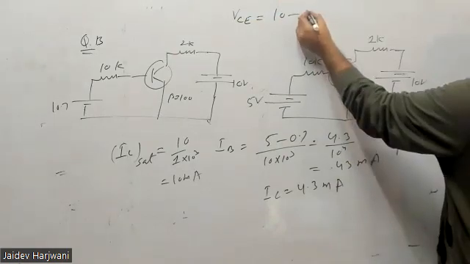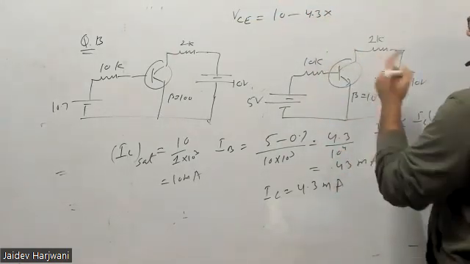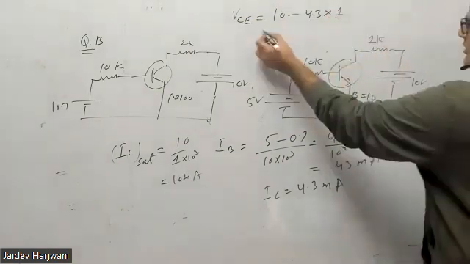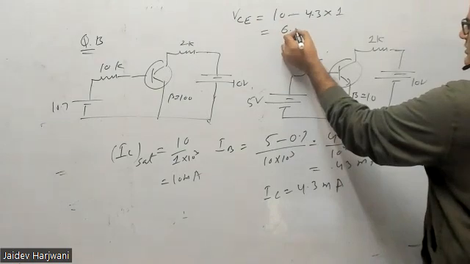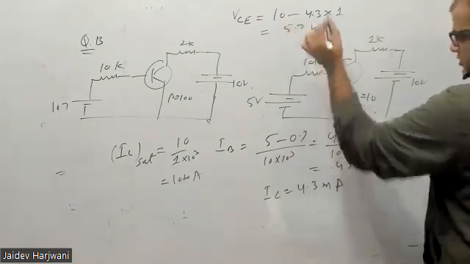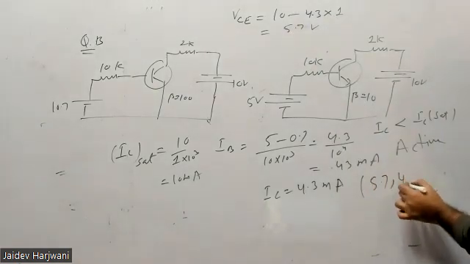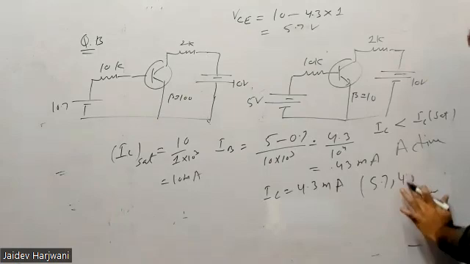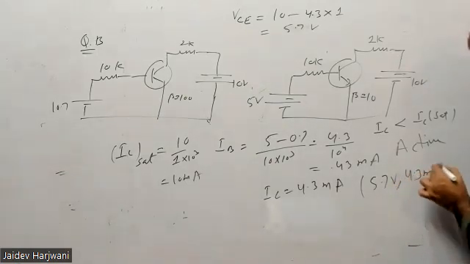ICRC, IC कितना है आपका? 4.3 milliampere. ये 1 kilo ohm. ओके, 10 minus 4.3 कितना आएगा बताओ? 5.7 volt. So operating point this one is 5.7 volt and 4.3 milliampere.